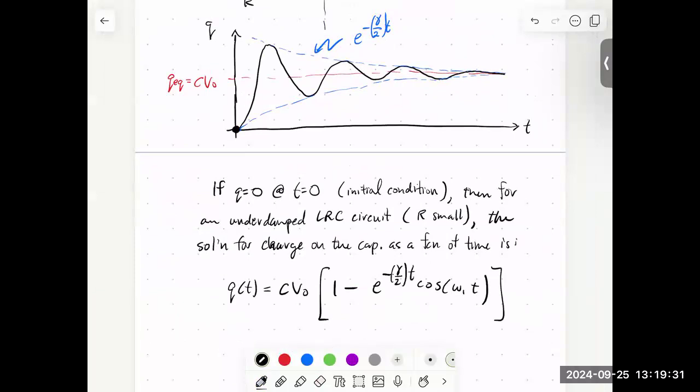All right, and so I'm going to tell you what these parameters are equal to. We've introduced 2 new quantities. One is gamma, which controls how quickly our oscillations decay away. The other is this omega 1, which is the frequency of these oscillations.